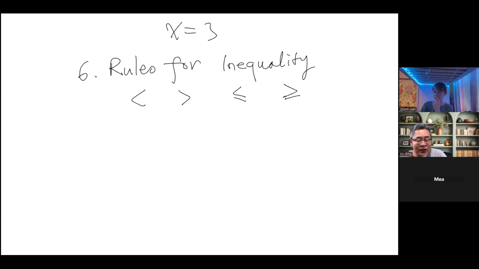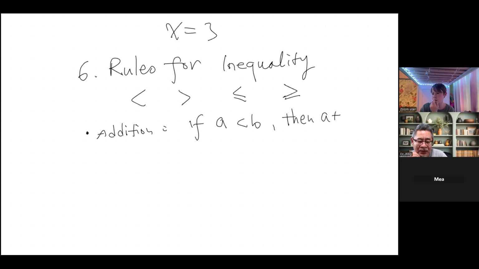Okay, all right, what is the property? So this is actually quite similar to our equality. And you can see that we got the addition property. And that says if A is less than B, then A plus C is less than B plus C. So we can add the same amount on both sides.